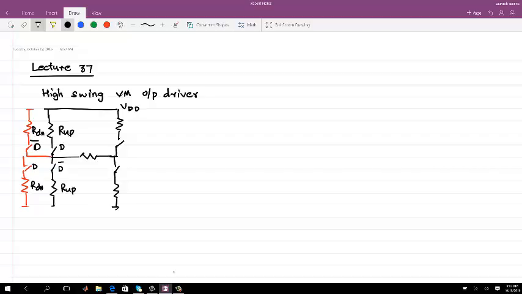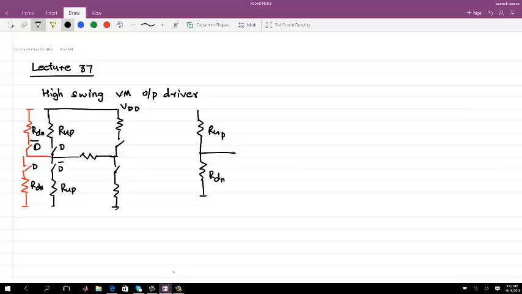So we have the similar thing on the right hand side. So if you look at this combination, let's say D is equal to high, then you have R up and R down connected in this manner, right? Is there any confusion in this?